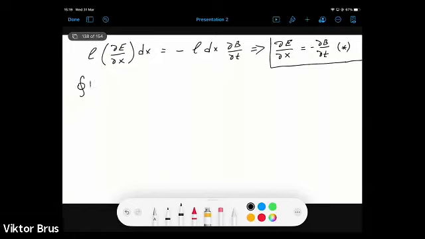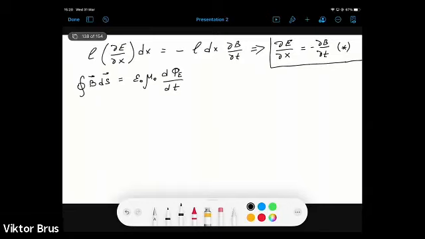It will be the integral over a closed path of the magnetic field vector equals, since we do this for free space and don't have any conduction current, just the displacement current contribution, epsilon 0 times mu naught times dΦE, the rate of change of electric field flux with time.